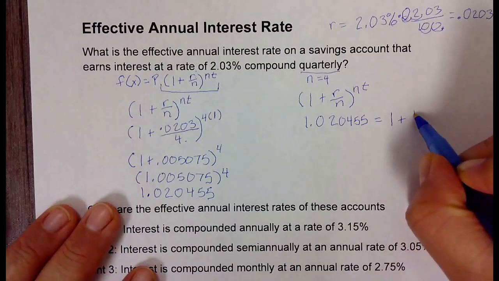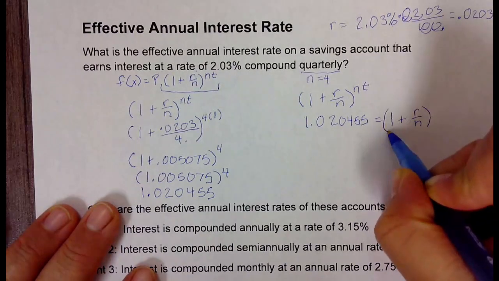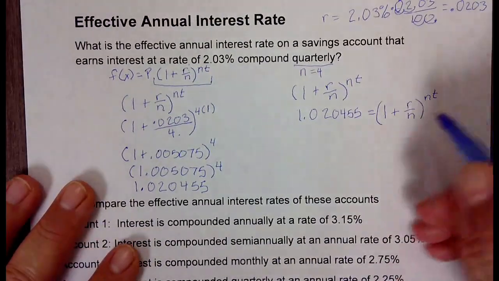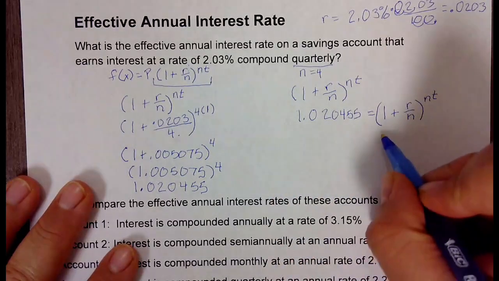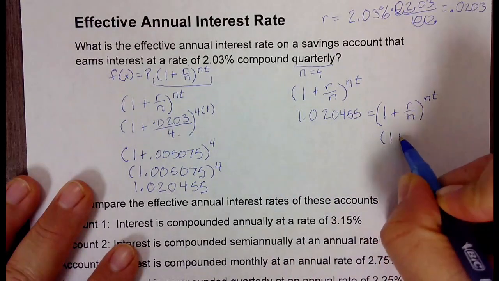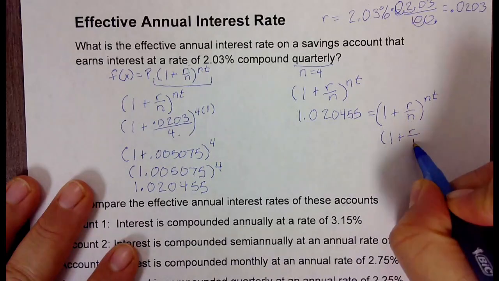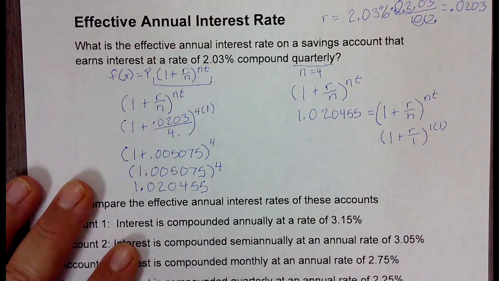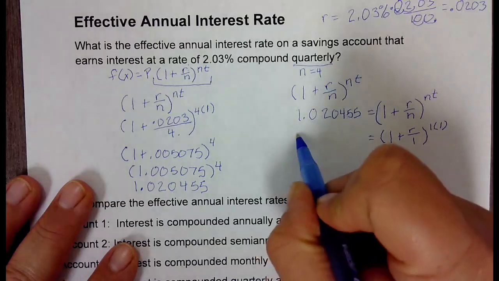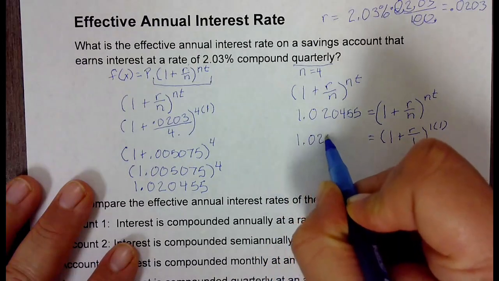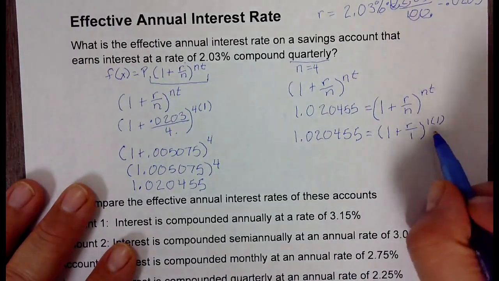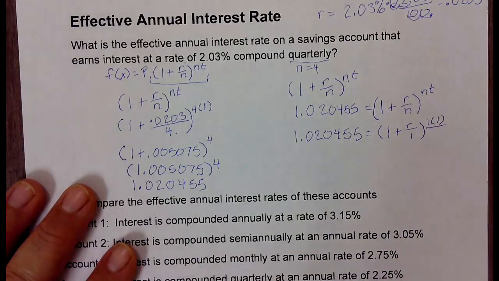So I'm going to set these two equal to each other. 1 plus r over n to the power of n times t. And similar to what I did before, I'm going to put in 1, like I was talking about, as the number of compounding periods, and 1 as the number of years that it's compounding. And that's going to be equal to 1.020455. Now, I know that anything times 1 is going to be itself. 1 times 1 will be 1.